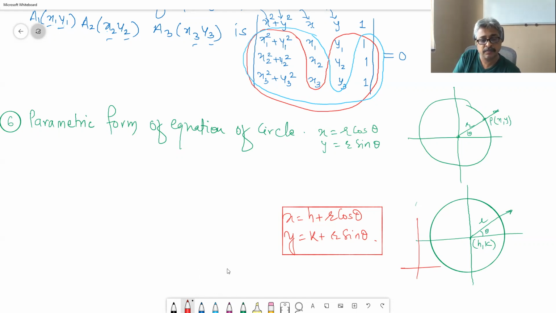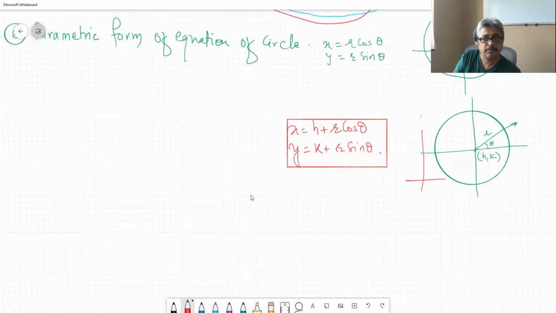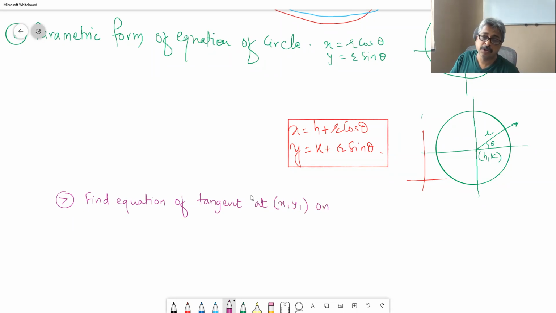Next, seven. Find the equation of tangent at a point on the circle.